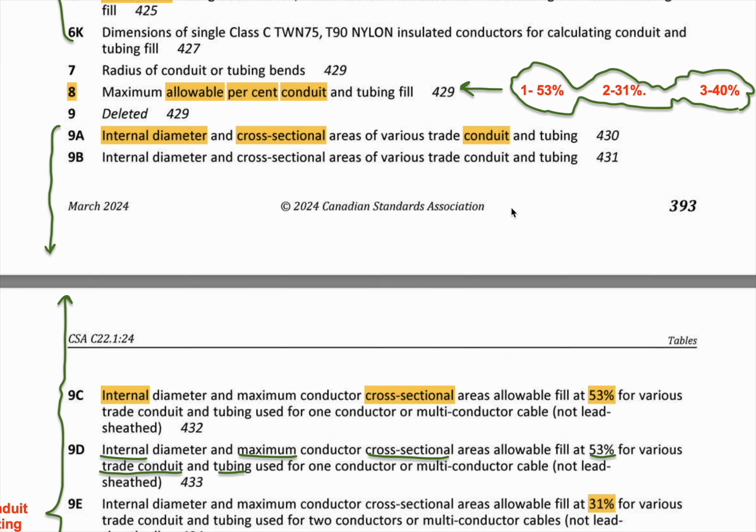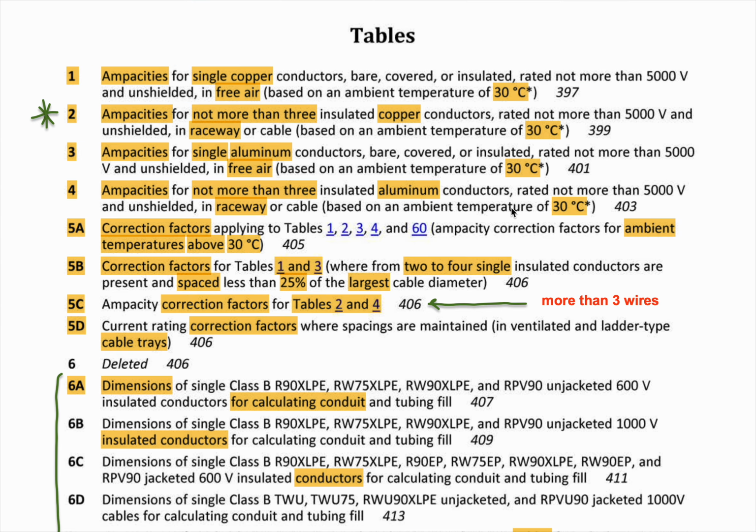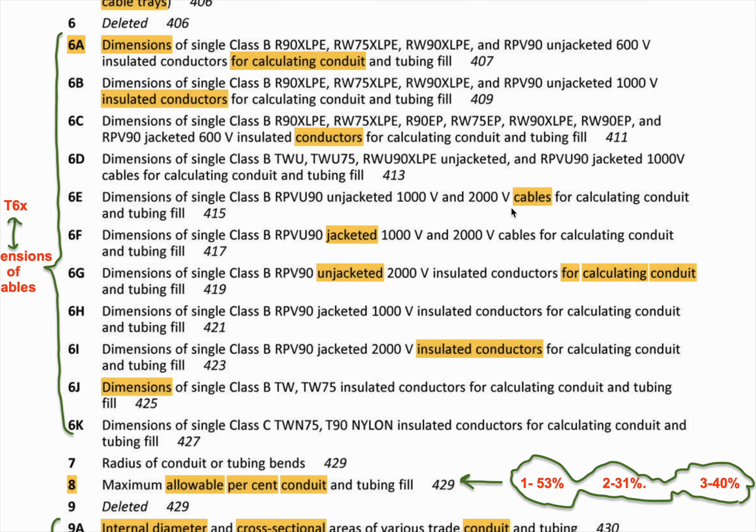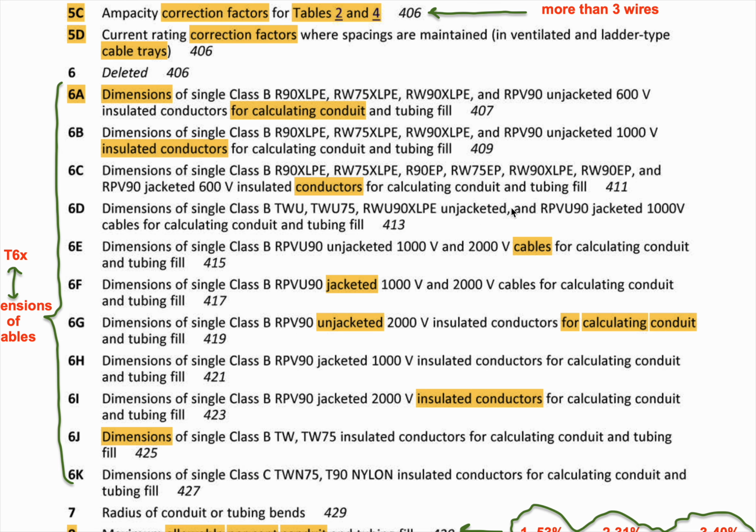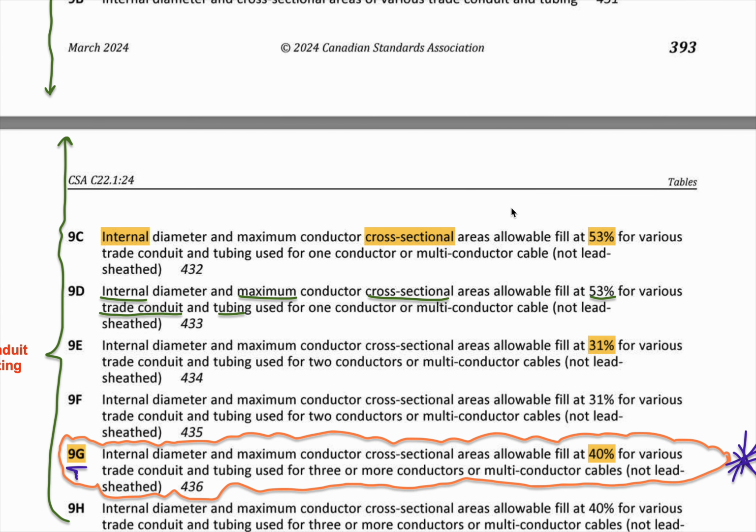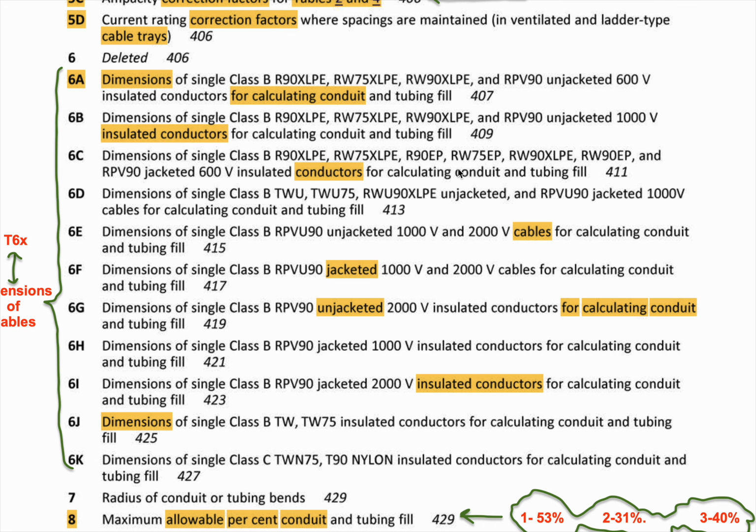Here we have the list of the tables, and you can see table 6, table 8, and table 9. Table 6 has table 6A, table 6B, till table 6K.